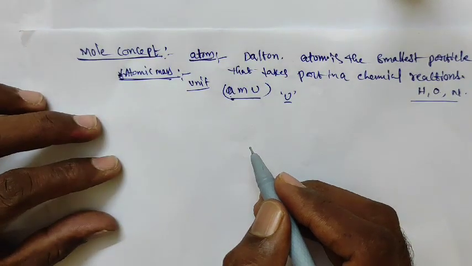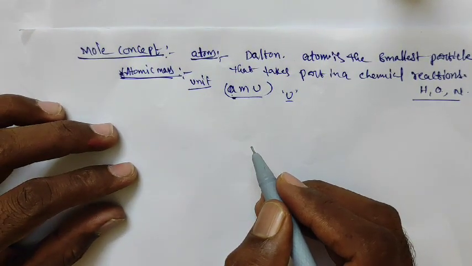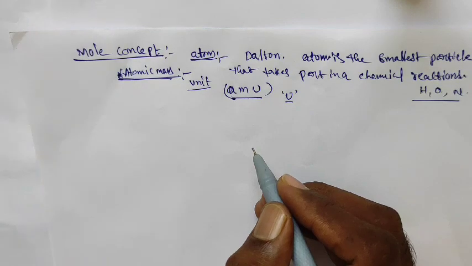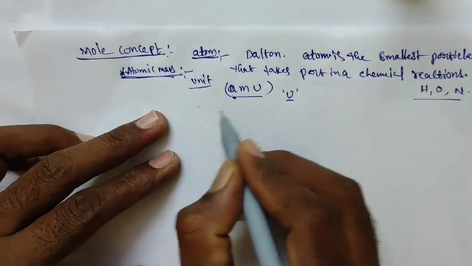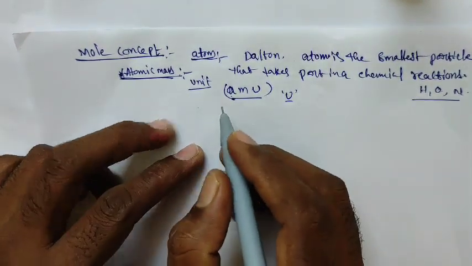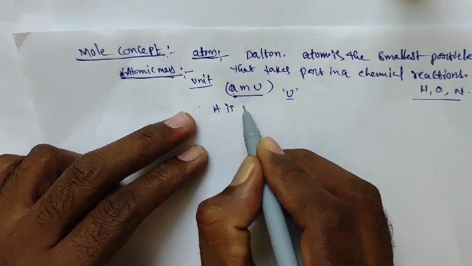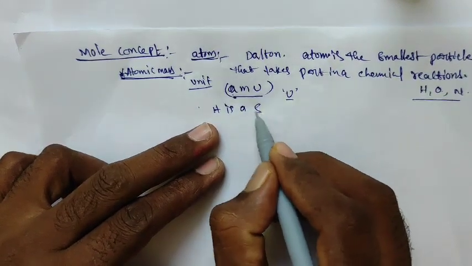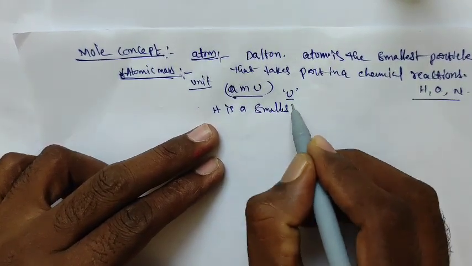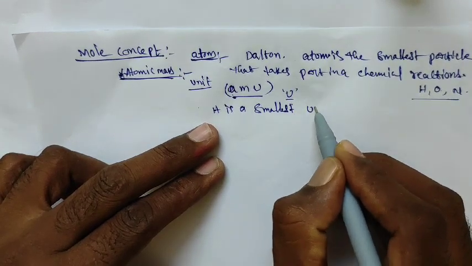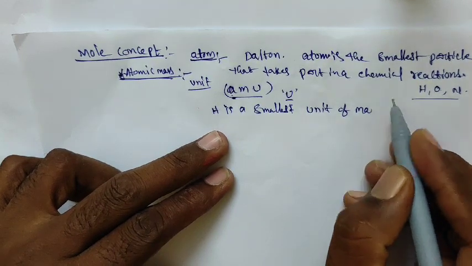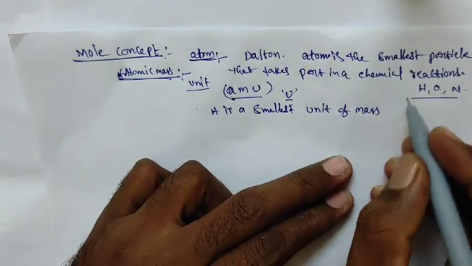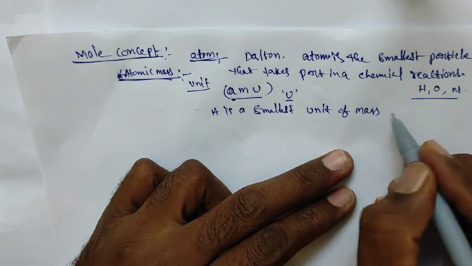It is the smallest unit of mass and is used to measure the masses of atoms and subatomic particles. AMU means atomic mass unit.